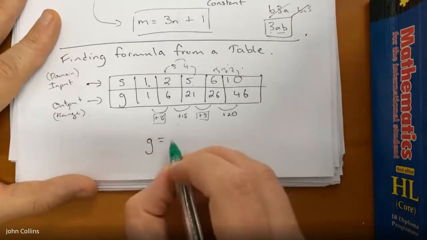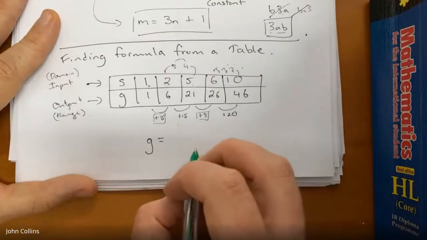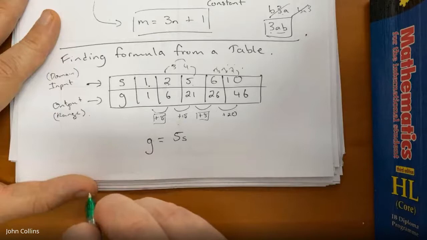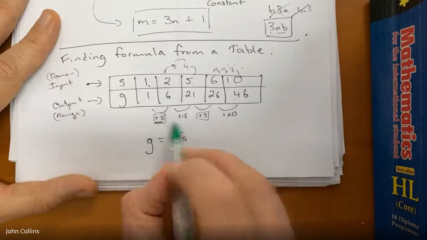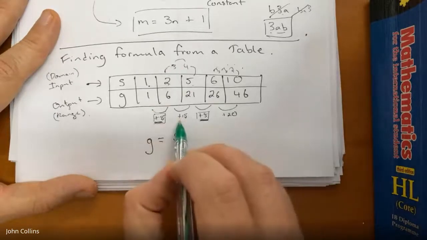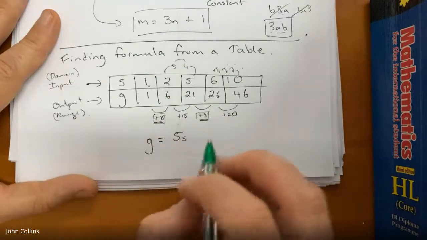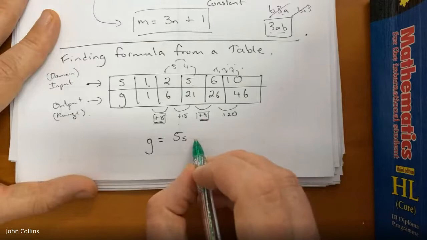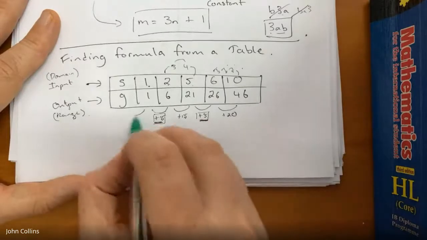So the formula, as many people have done in the chat, G equals S times what? Times 5. And I write it 5S. 5 times S because of this 5. 5, and then 3 times 5, 4 times 5. It's all 5s. And then I need to find out, okay, I need to subtract something or add something. I can go back 1 to find that term.